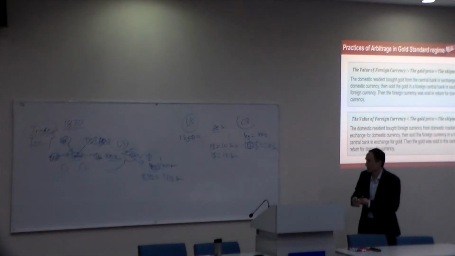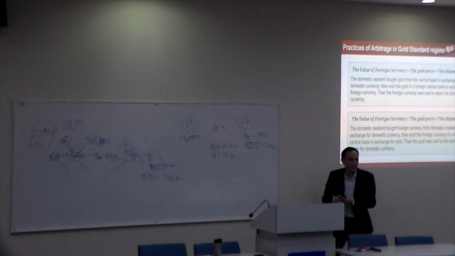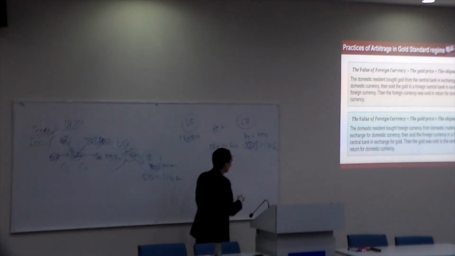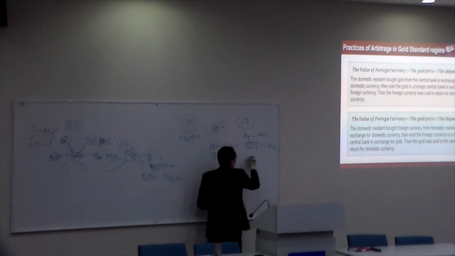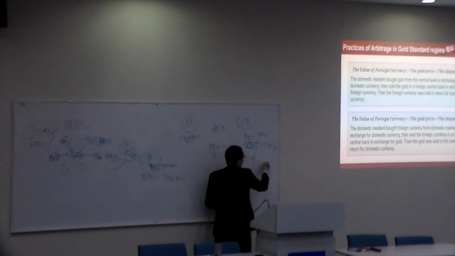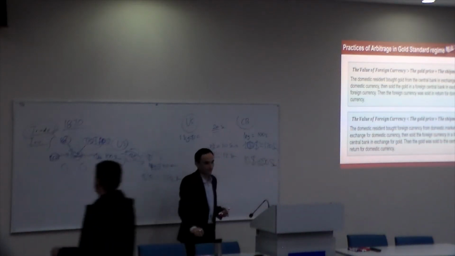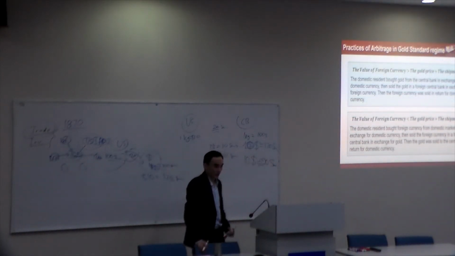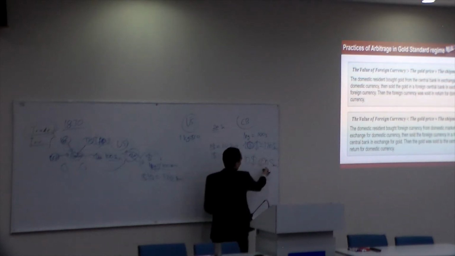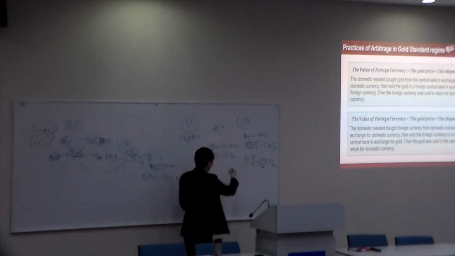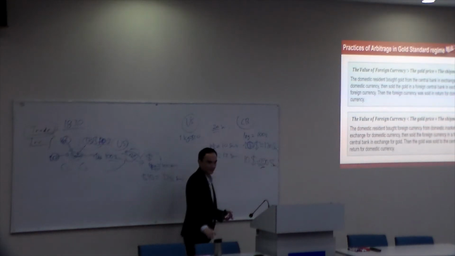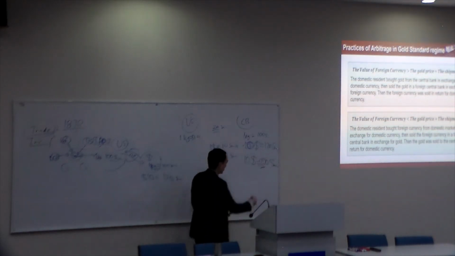Let's suppose that type of effect happens, and as a result the US dollar appreciated. Let's suppose $10 appreciated and turned out to be 220 soon, which means it was 10 soon more expensive.